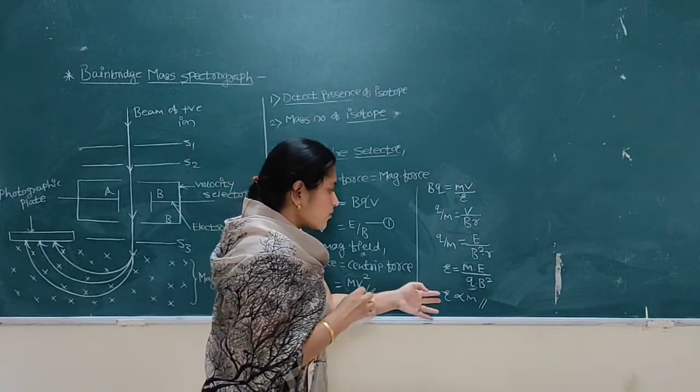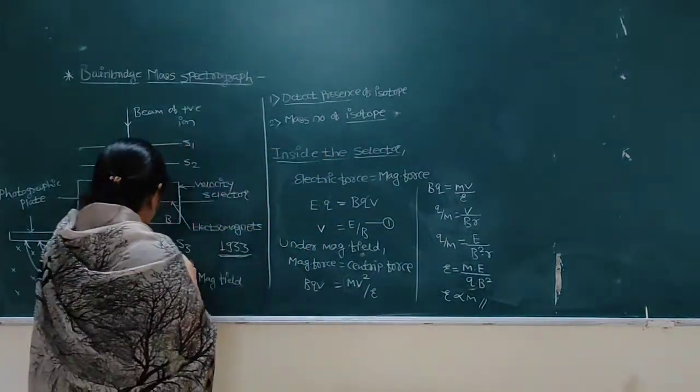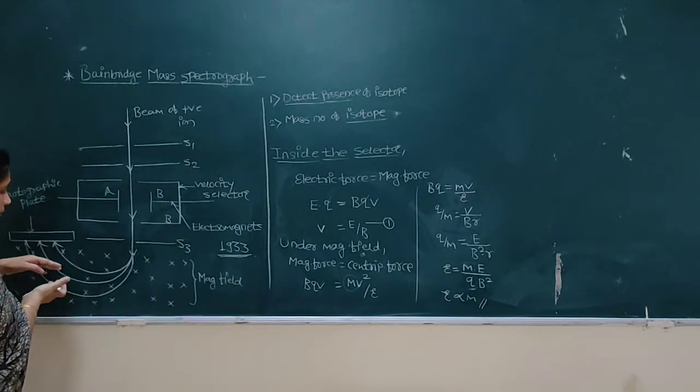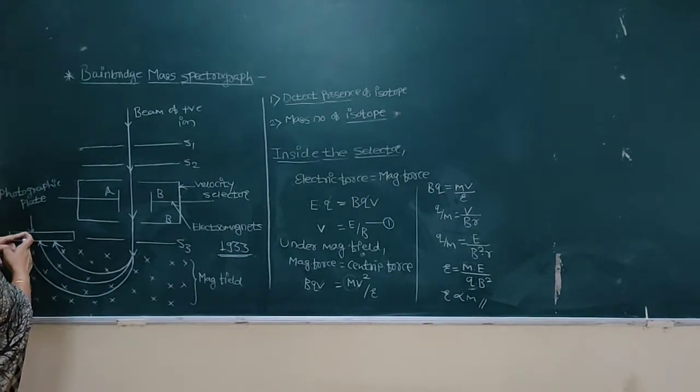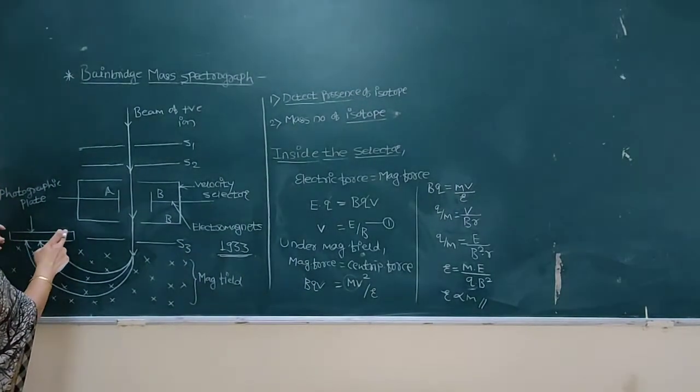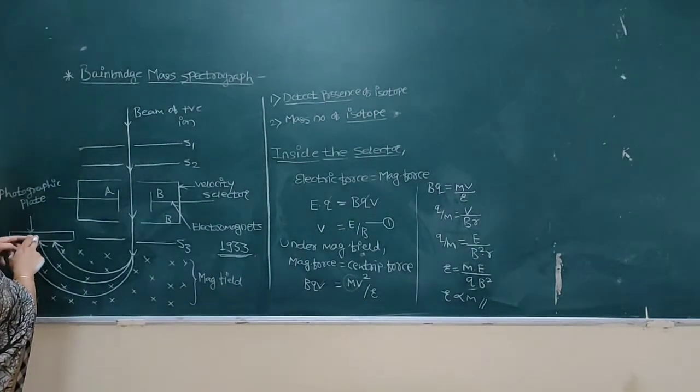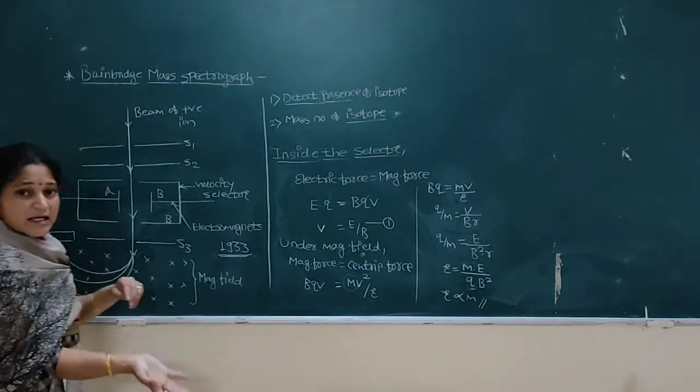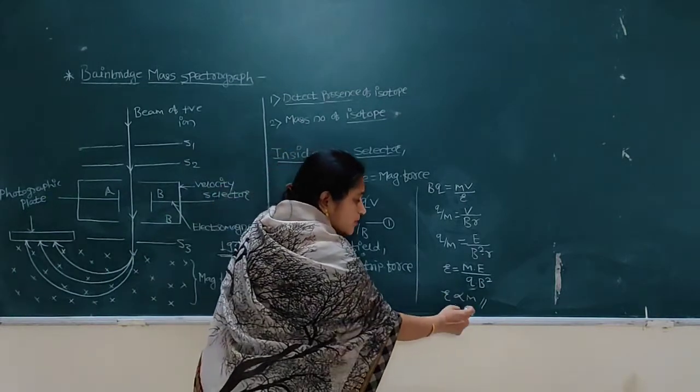Now after that these ions fall to focus, or fall directly, on the photographic plate at different points depending upon the values of the mass.